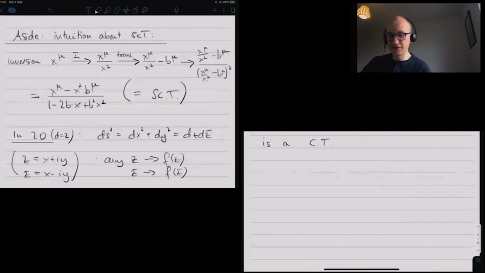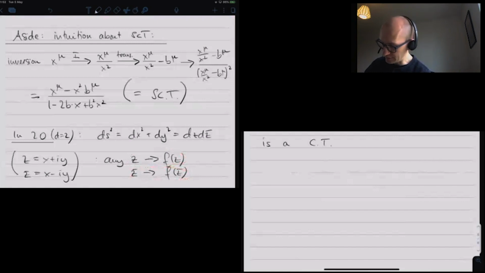Okay, and this is this left mover, right mover story that I've just been saying, but you can just convince yourself that in 2 dimensions, any holomorphic reparametrization of this coordinate z and any anti-holomorphic reparametrization of this coordinate z bar satisfies the conformal Killing equation.